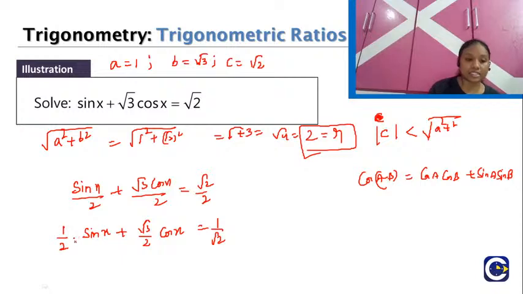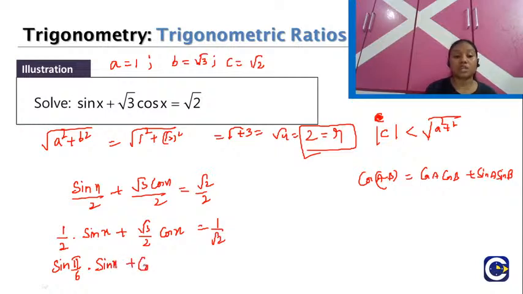Here sin x is there, so I have to write sin x again. What is this 1 by 2? It is sin 30, that means sin pi by 6 is nothing but 1 by 2, into sin x, plus cos 30 is also root 3 by 2. So cos pi by 6 is also root 3 by 2.